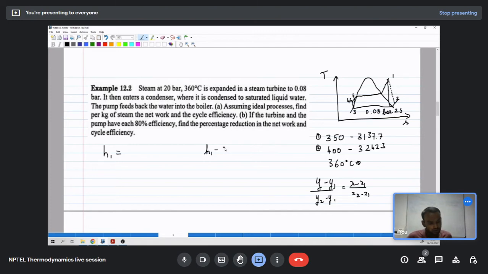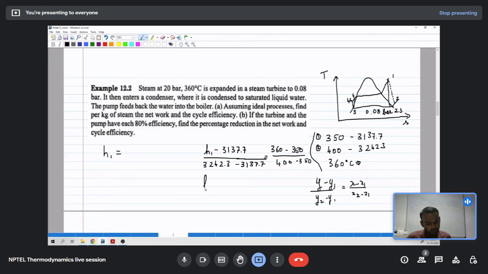So (H1 minus 3137.7) divided by (3242.3 minus 3137.7) is equal to (360 minus 350) divided by (400 minus 350).